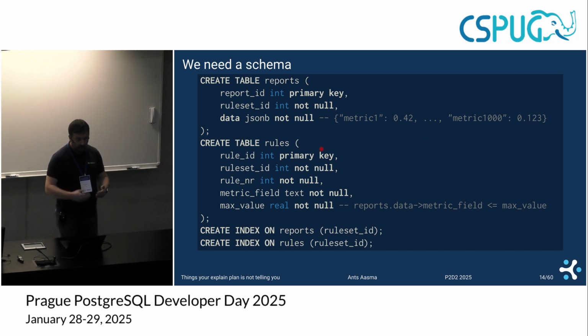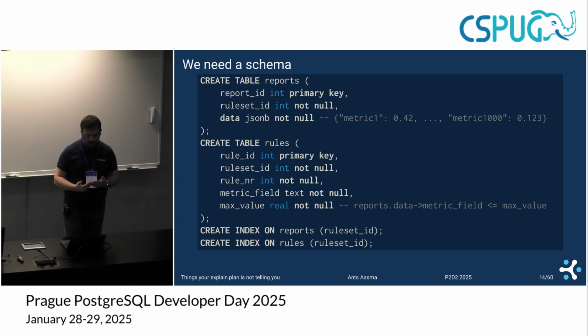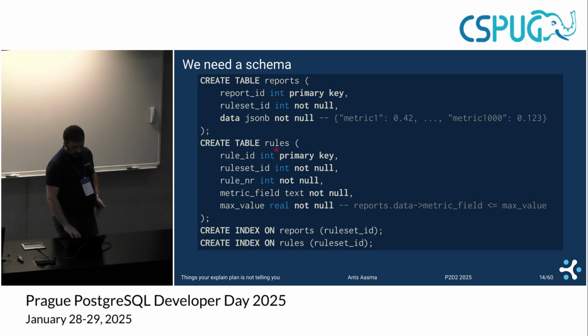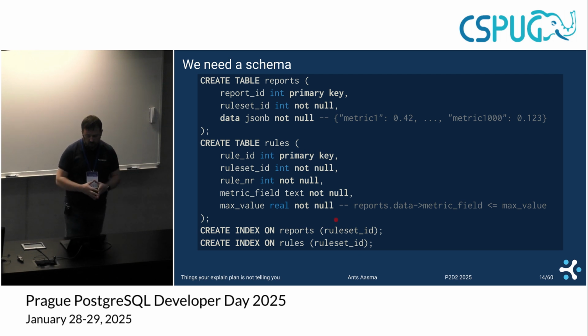The other interesting table for us will be a rules table. There is again a primary key, a rule set ID, and a number of the rule, which metric field it is talking about, and then the maximum value for that field. Simple enough schema. And we probably also want indexes on the rule set ID so we can reference those two tables together.